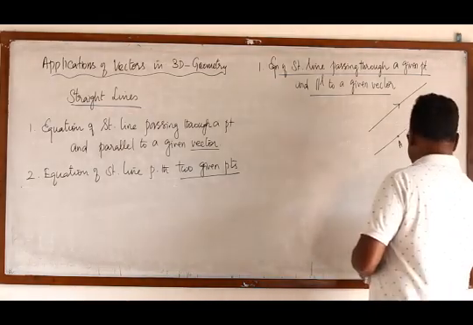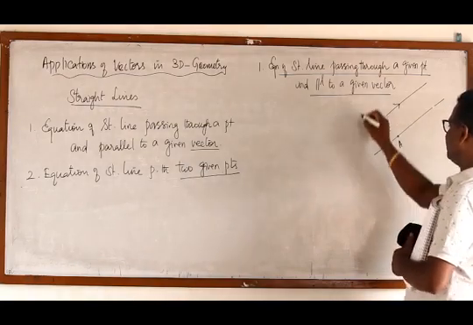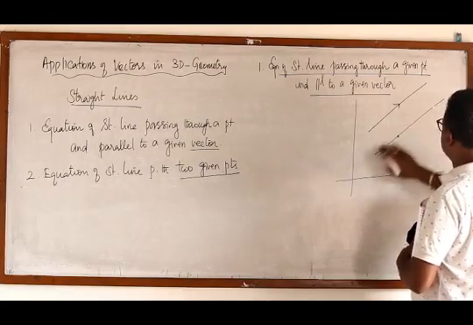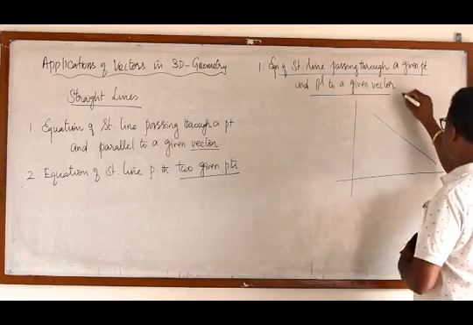So, a line is passing through a point whose position vector is A vector. That means I am having an origin. So let me have another format, maybe like this.